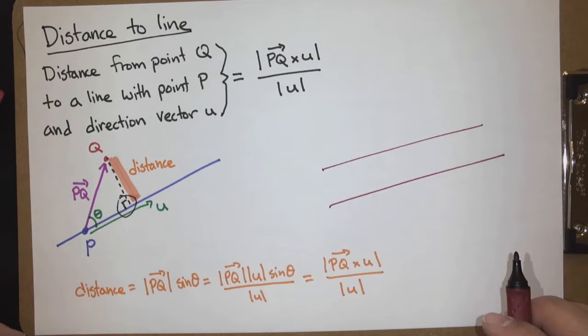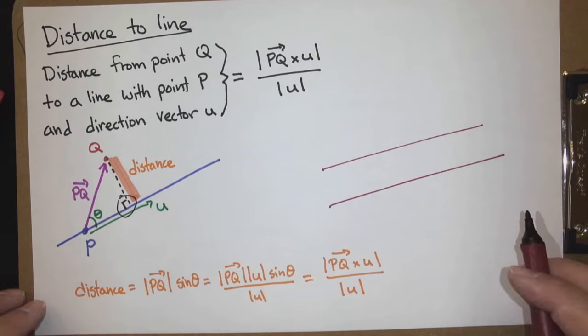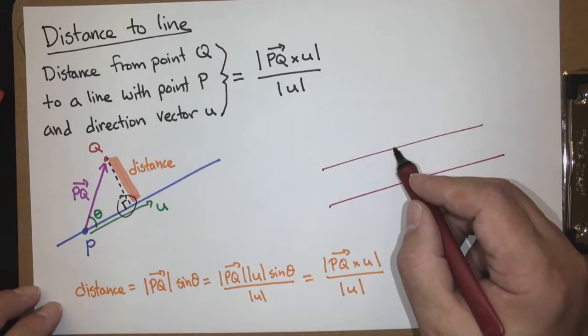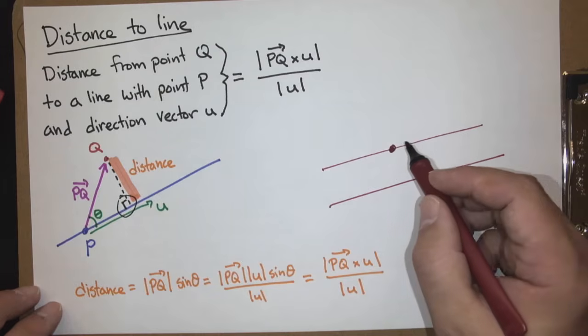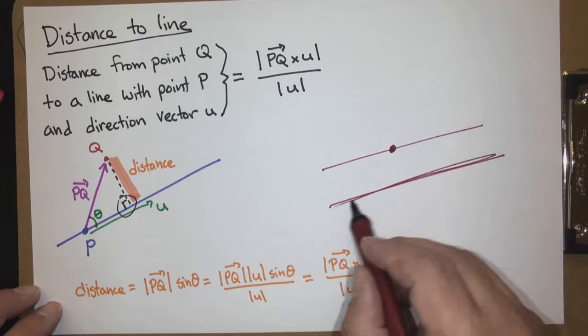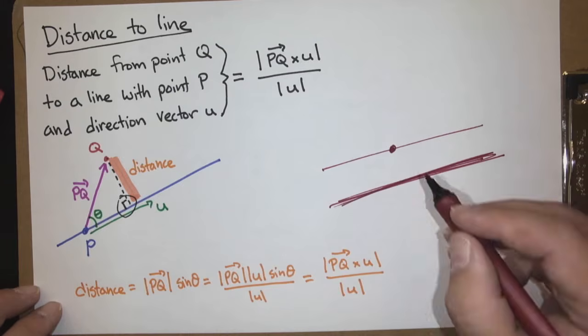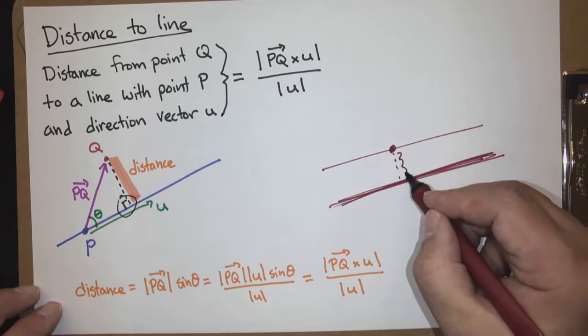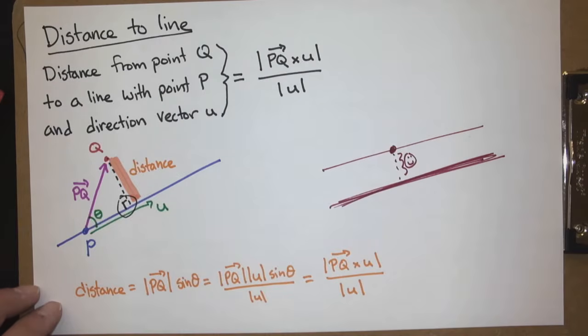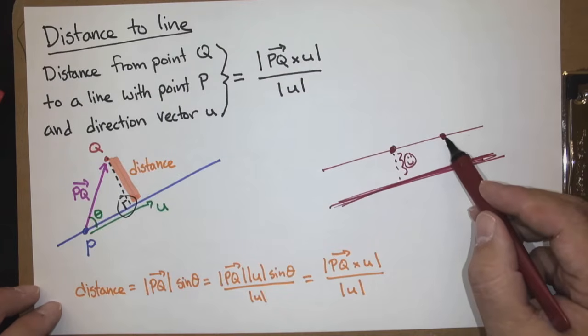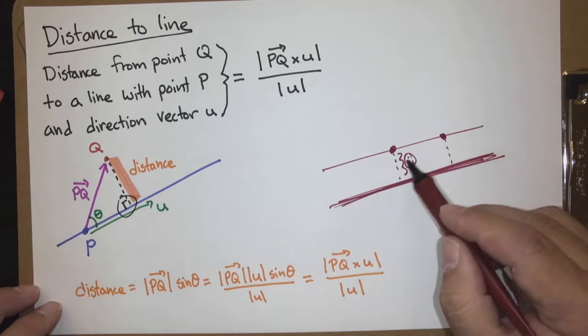Would you use a point from both lines? Well, we wouldn't necessarily use a point from both lines. What you can say is, if I know the distance from this point to this line, then I'm good to go, because that's the same as the distance from this point down to this line. Because these are exactly equal.